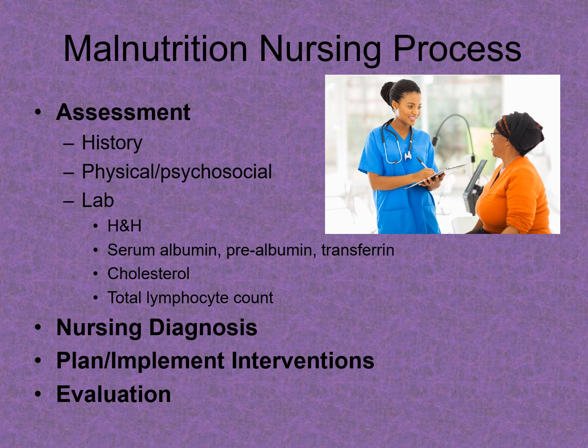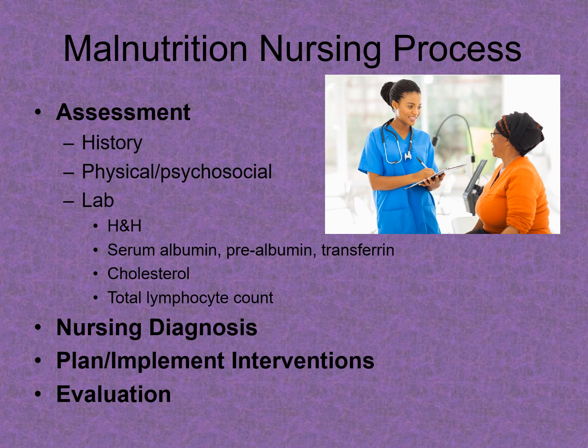So the nursing process in malnutrition, again, we want to do a good history and physical assessment, and even a psychosocial assessment to see, are these people under stress? What's their culture? Where do they get their food? Do they have enough resources, etc.? And then always look at their lab values.